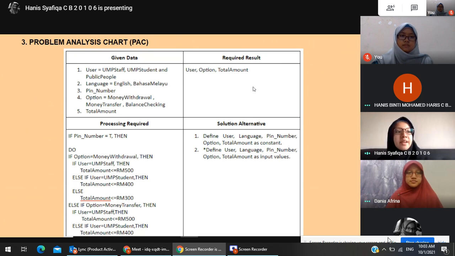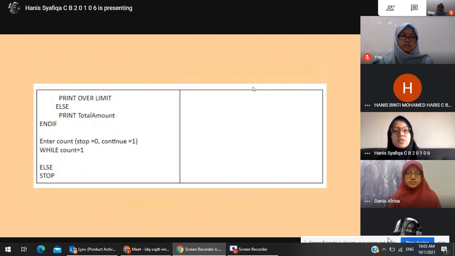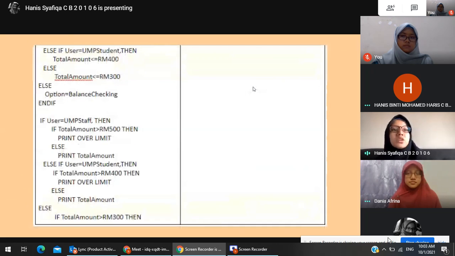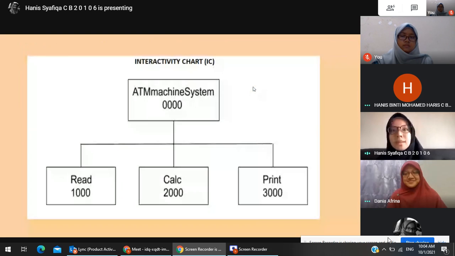And then if the user puts in the option, it will print out the total amount. And if the user wants to continue, the user has to press 1. But if not, it ends. We define user language, PIN number, option, and total amount as input values.